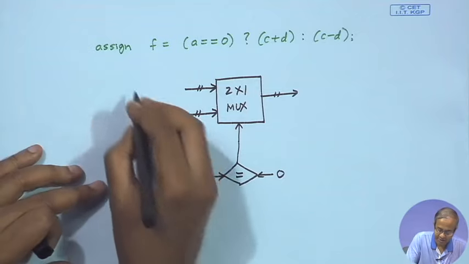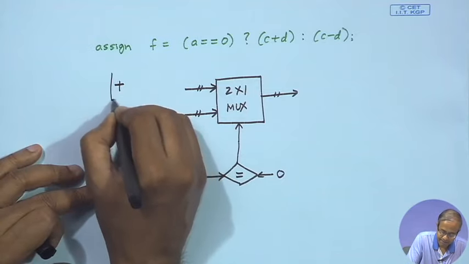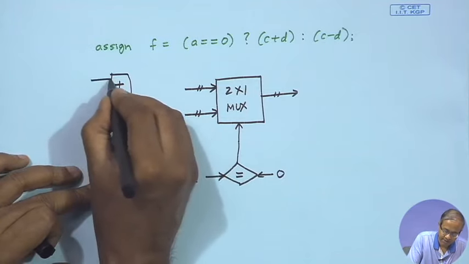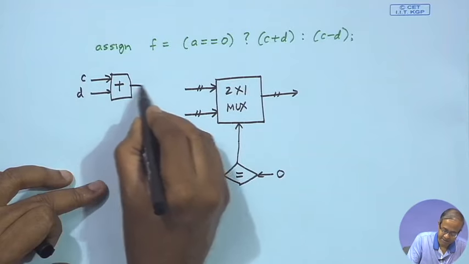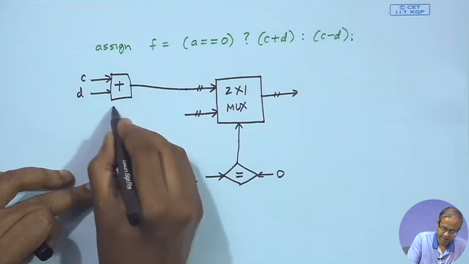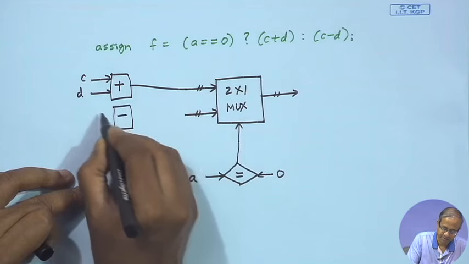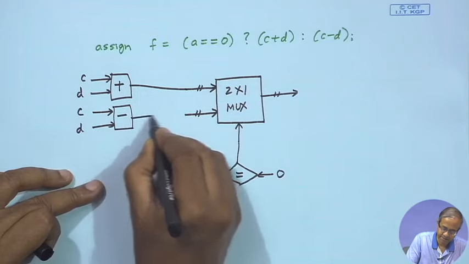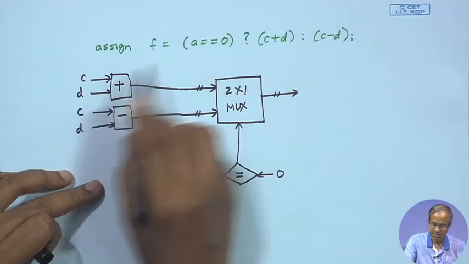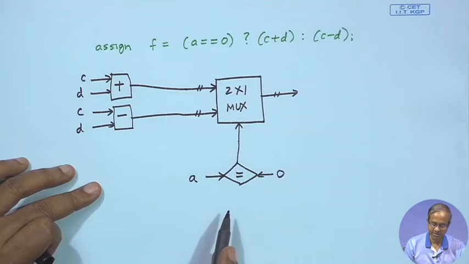On the other side, I use an adder where I feed the numbers c and d, and connect the sum here. I also have a subtractor where again I feed the numbers c and d, and connect this here. This will be the kind of circuit that is generated.